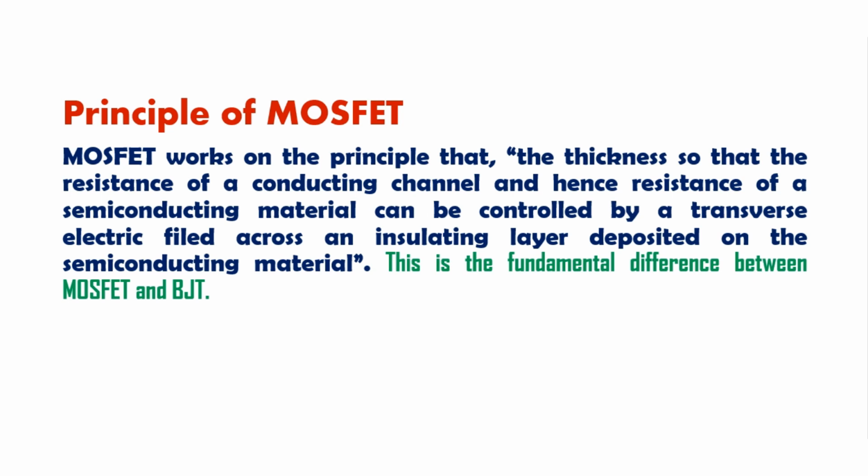So the metal oxide semiconductor field effect transistor works on this particular principle, and this is the fundamental difference between the MOSFET and BJT. If you want to differentiate between these two, MOSFET and BJT, we can do it on this particular principle.